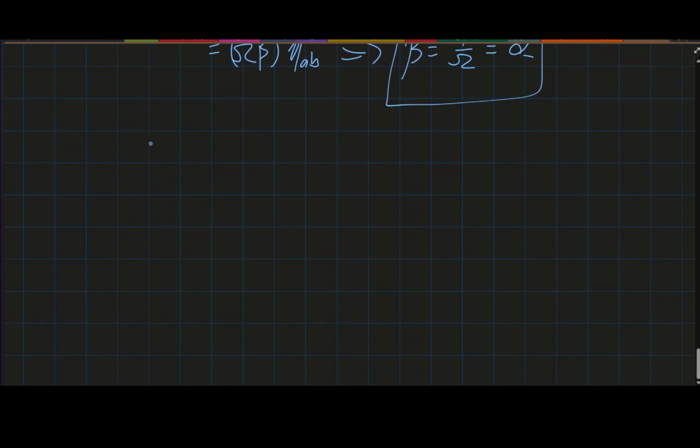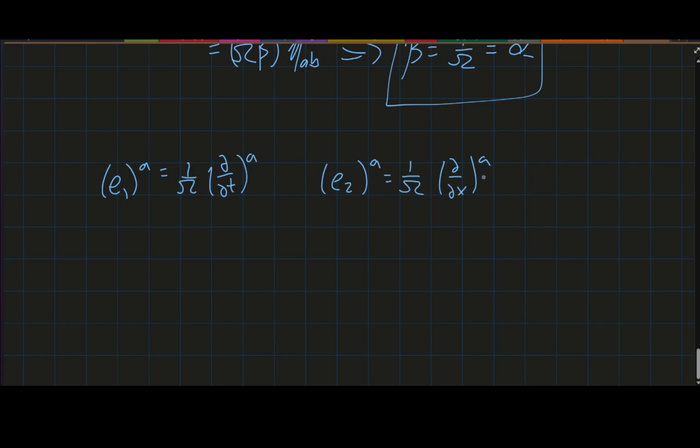So we know that E1A is 1 over omega d by dt A, E2A is 1 over omega d by dx A, and then we can also write down what they look like when they're lowered.